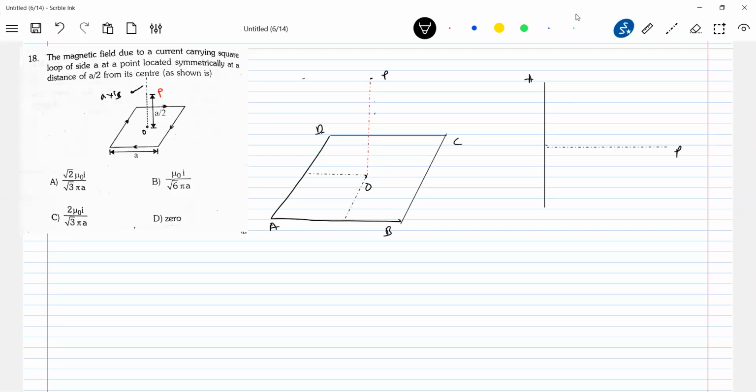This is P, this is A, this is B. Convert it into a 3D diagram, no? So try to solve this problem in two different planes. It'll be easy for you.